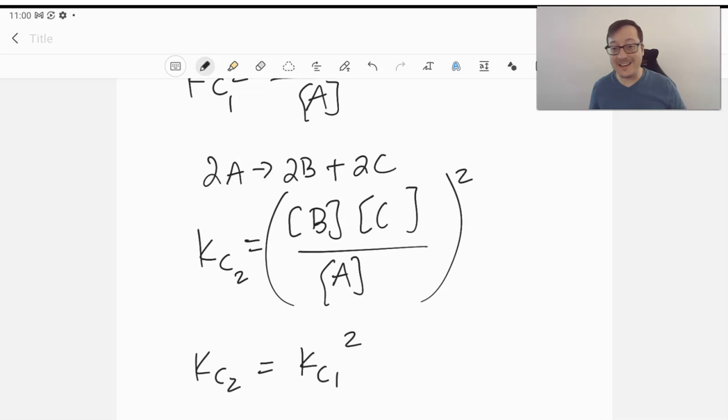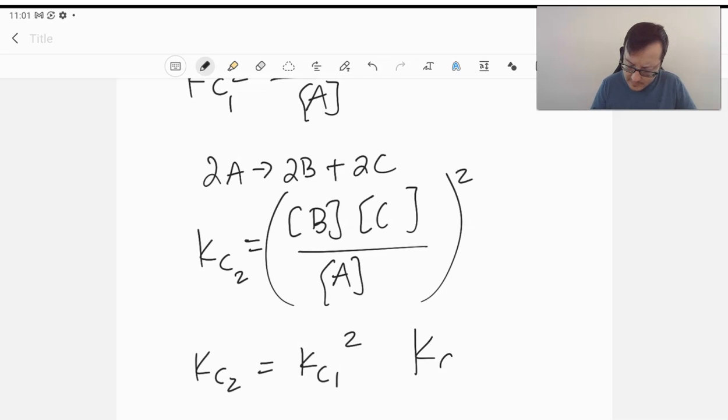And so, again, this is how we can relate equilibrium constants to each other. Because, as we'll see in our next example, remember with Hess's law, we could change the coefficients of a reaction if we needed things to cancel out properly. And then we would multiply delta H by whatever we multiplied the equation by. For equilibrium constants, instead of just multiplying, we have to square or cube our process.